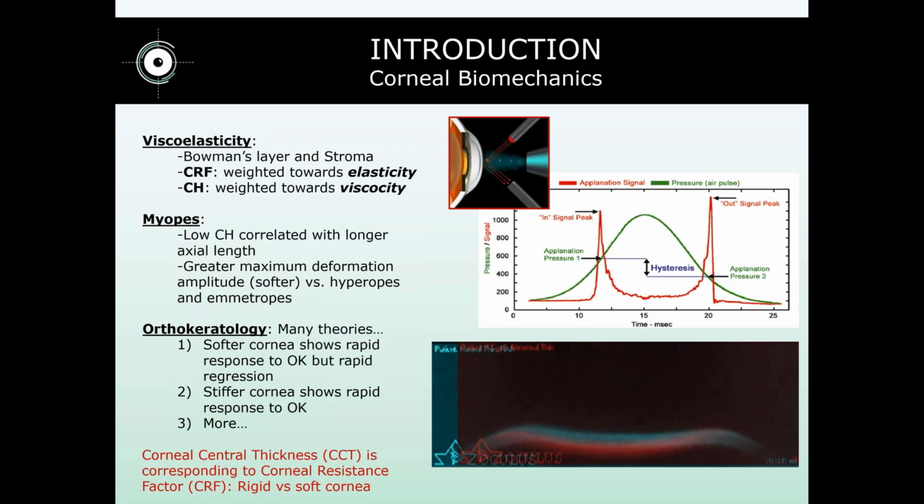So the center thickness of the cornea is very important, since it corresponds to corneal resistance factor, the CRF, to tell you the rigid versus the soft cornea. So one thing to remember is the CRF, CH will change, and also the CCT will change after molding. Then you have to determine the topographer map and fitting after molding.